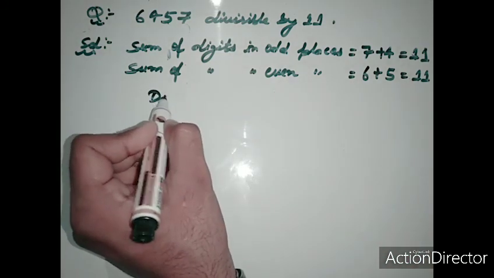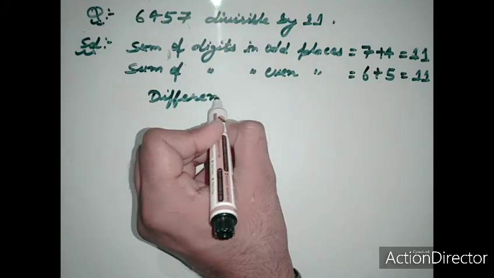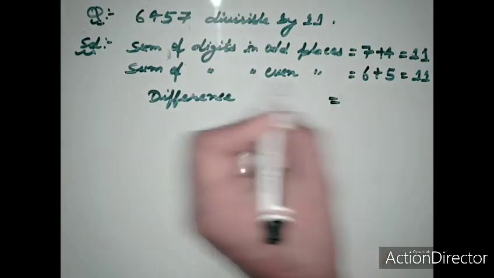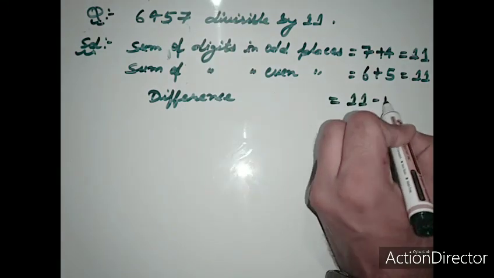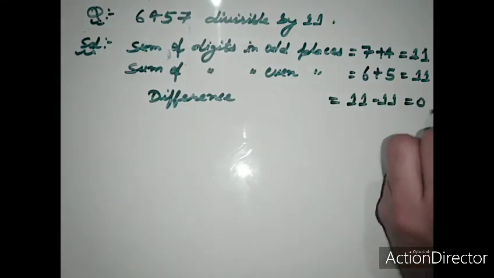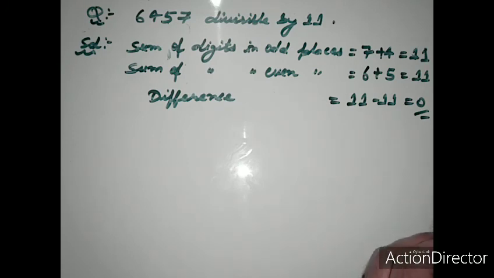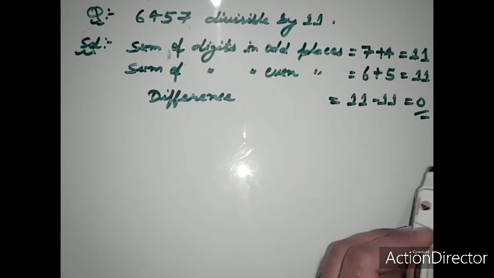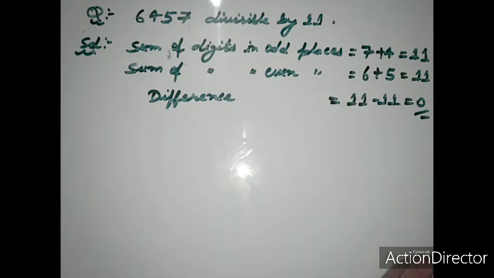Now we find the difference of the digits in odd places and digits in even places. So 11 minus 11 equals 0. So here we get 0, right? The divisibility rule of 11 says that if we get the difference as 0 or divisible by 11, then the whole number is divisible by 11.